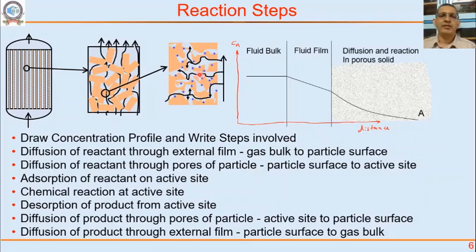Once it is in the gas phase inside the catalyst pore, that ethylene oxide has to diffuse back out towards the surface of the catalyst. And once it has reached the surface, it has to diffuse back into the bulk.